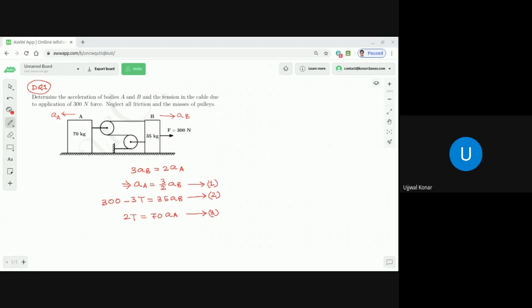If you solve these, you don't need to say negative because the direction is given.